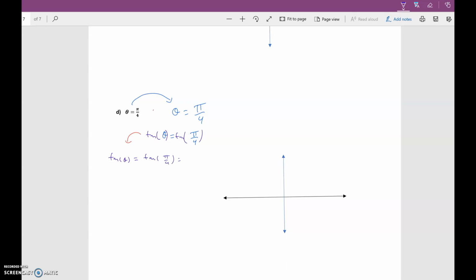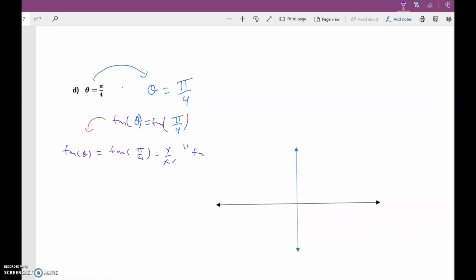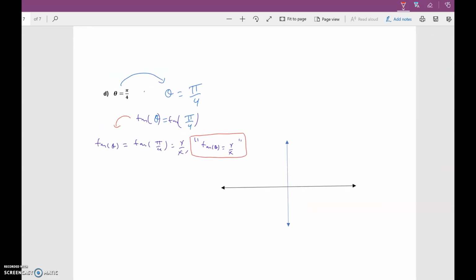By the identity, this is y over x, since the tangent of theta is equal to y over x. That's the formula I'm using. And this is technically done.